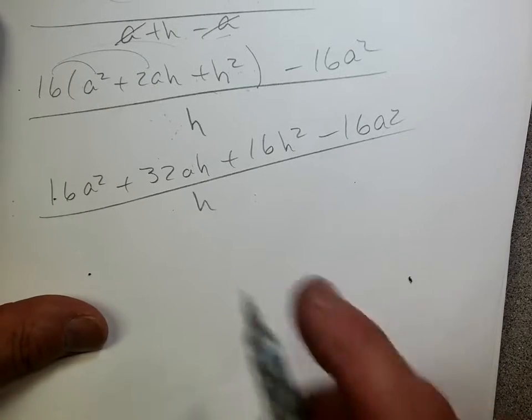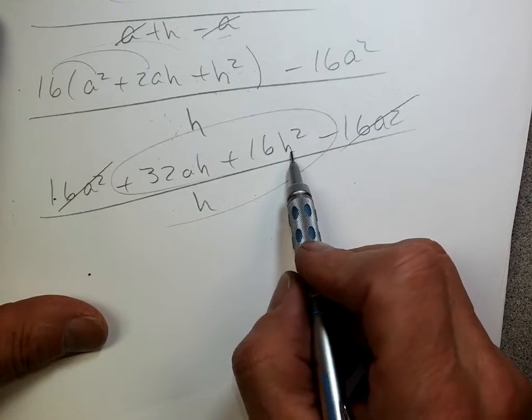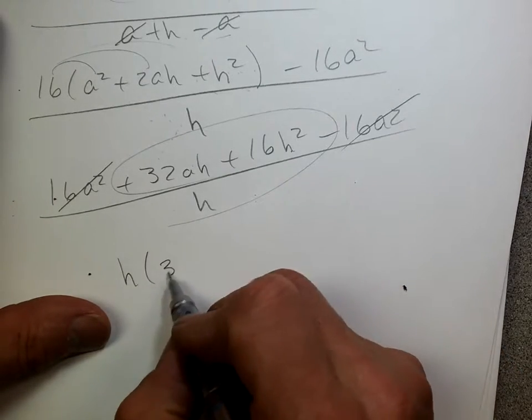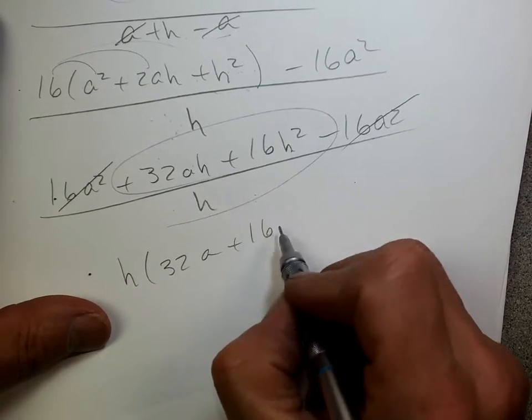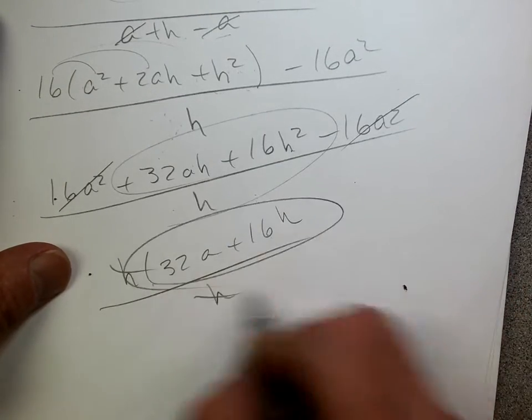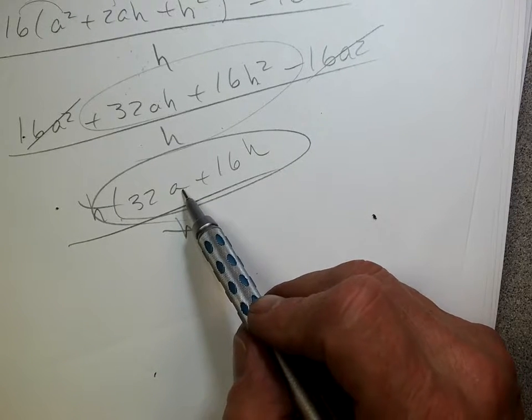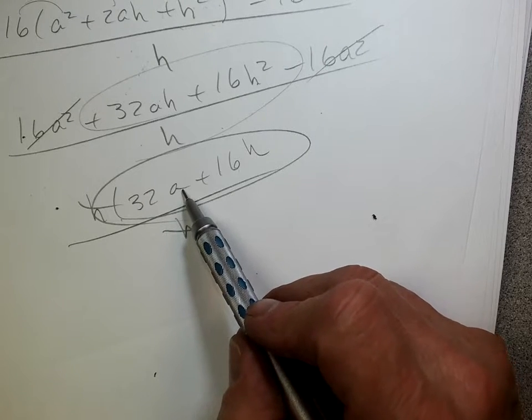Cancel, cancel, right? What do these two things have in common? An h. Take out an h. 32a plus 16h over h. That cancels, and there's my answer. Now, if this were time, you could plug in a time and it'll tell you what the velocity is at any particular moment. And that's what you're going to learn in physics.